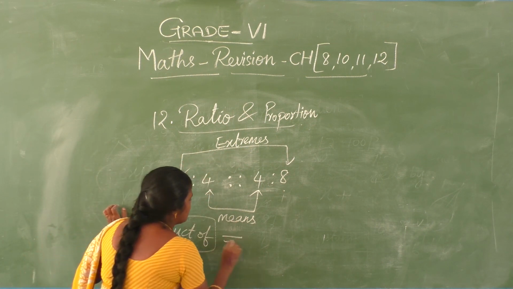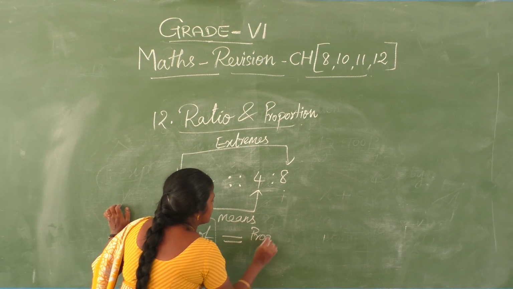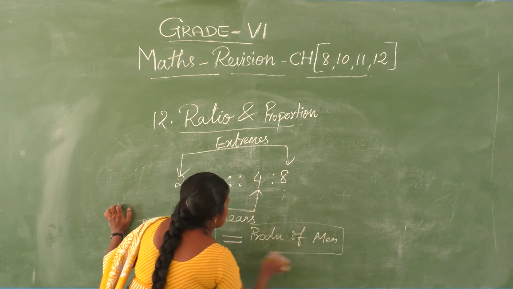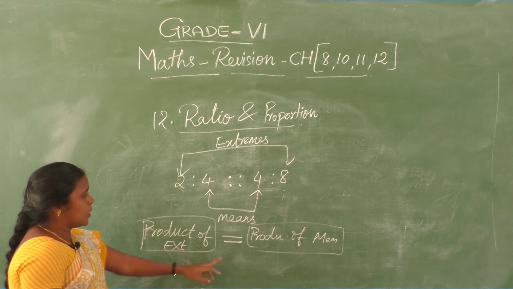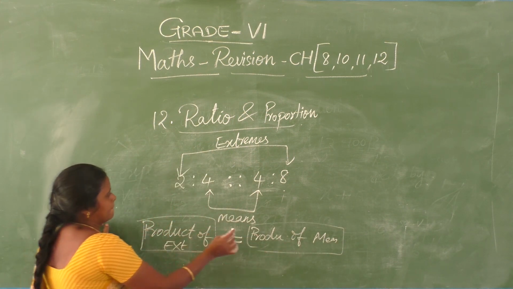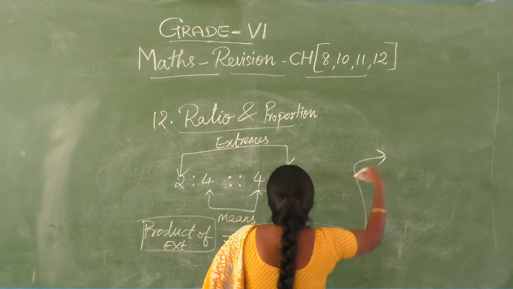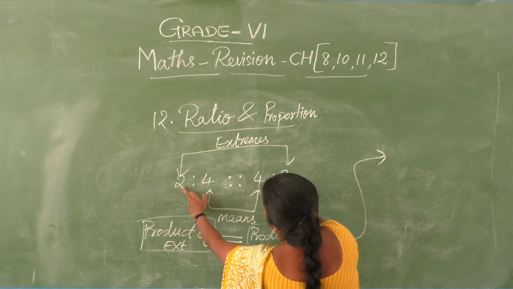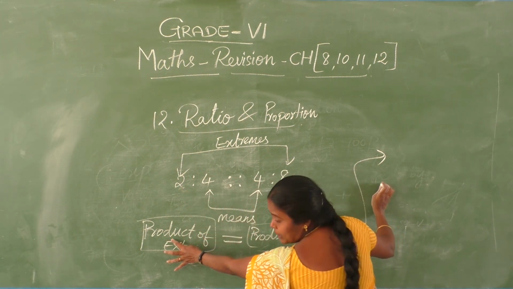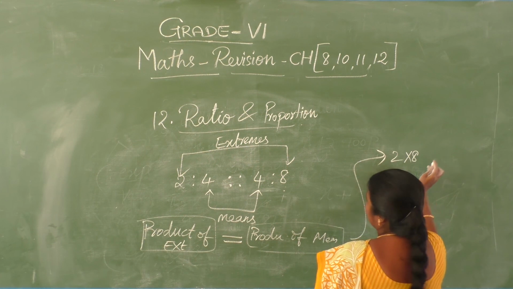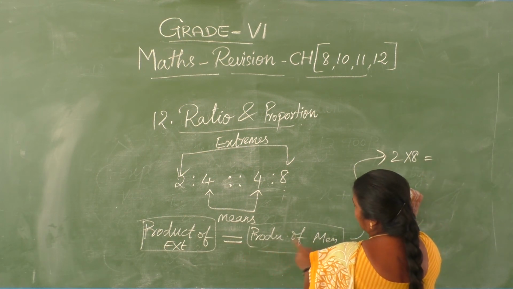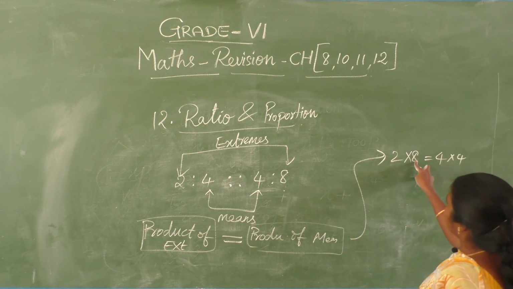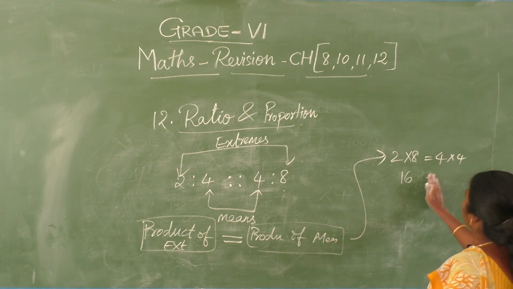Product of extremes: 2 into 8 equals product of means, the middle two terms, 4 into 4. 2 eights are 16, 4 fours are 16.